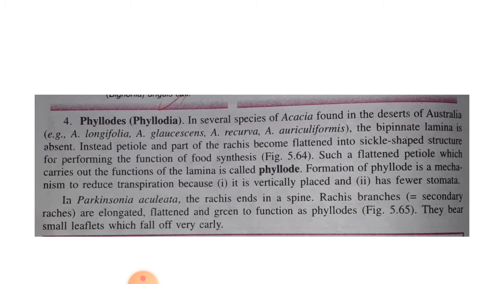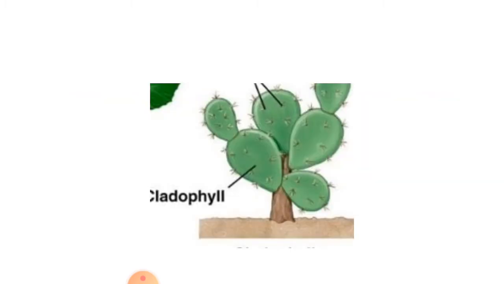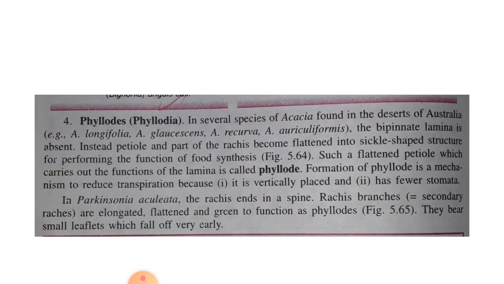The other type is phyllodes. Several species of acacia are found in the deserts of Australia, such as Acacia longifolia. In these species the bipinnate lamina is absent. Instead, the petiole and rachis become flattened into a sickle-shaped structure, and their main function is to synthesize food.